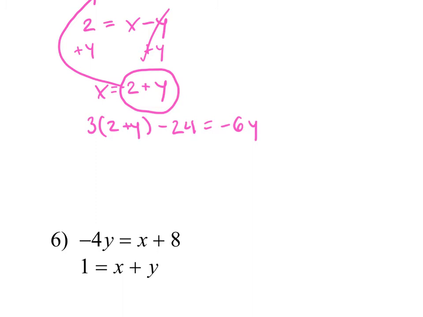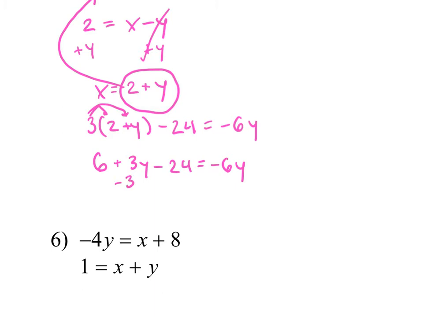Distribute the 3. Awesome, we distribute the 3. So 3 times 2 is 6. 3 times y would be 3y. Minus 24 is equal to negative 6y. What can we do next? Combine 3y and negative 6y.